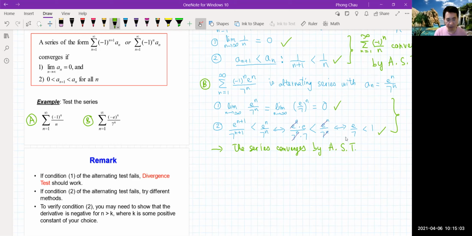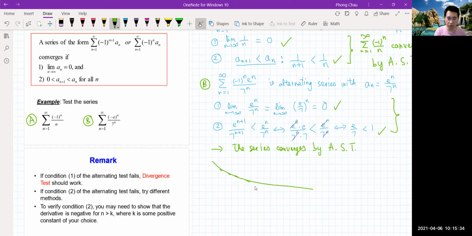But if we can't, then we might have to use the first derivative to show whether the sequence is decreasing. Now, don't forget that condition 2 is just saying the terms are decreasing. So if I want to show that it's decreasing, I can show that the function is decreasing.